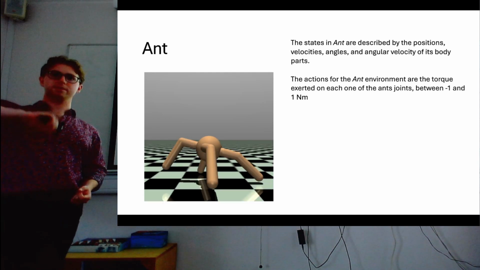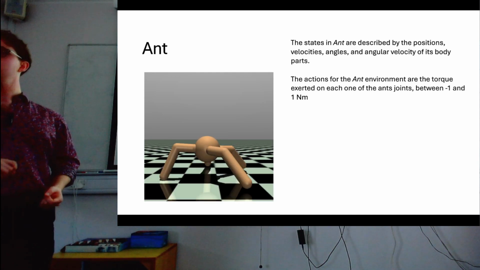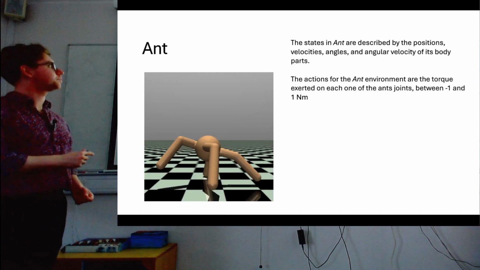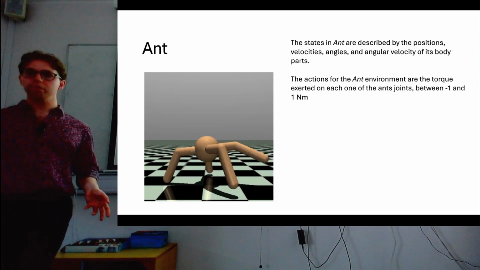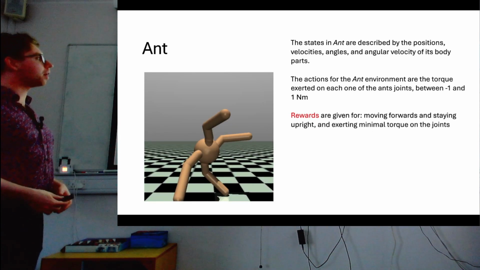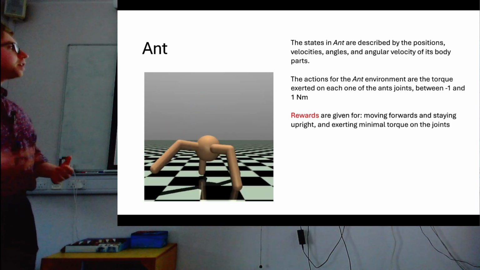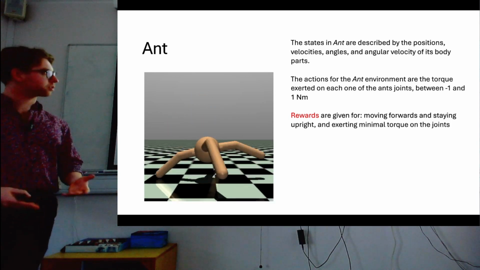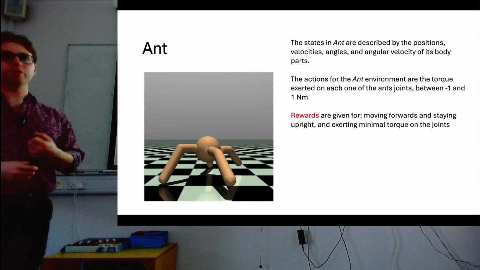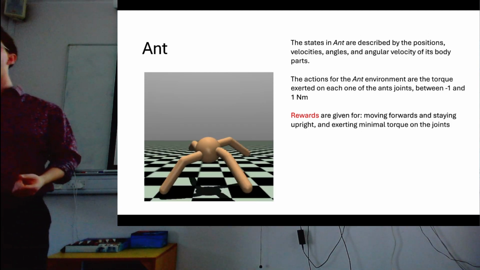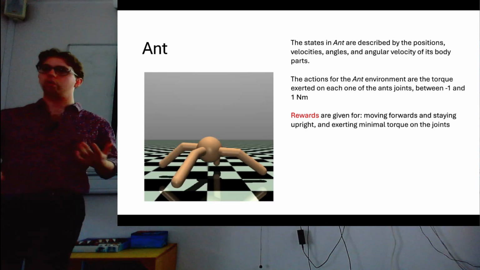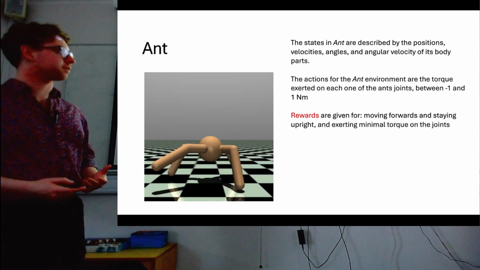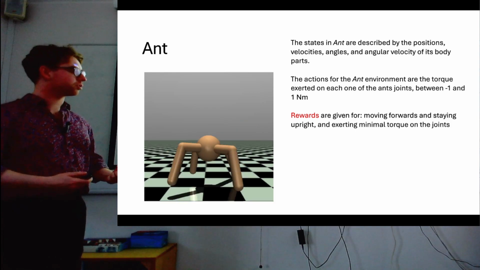So you can exert some torque between these 2 values for each one of these different joints. And the rewards, it's a very complicated reward function, so I'm not going to list them out, but you get rewards if you move forward, if you stay upright, if your body's not touching the floor, and you get penalized, so negative reward, if you exert large amounts of torque on the different joints. So you get penalized for having very strong torque on the joints.